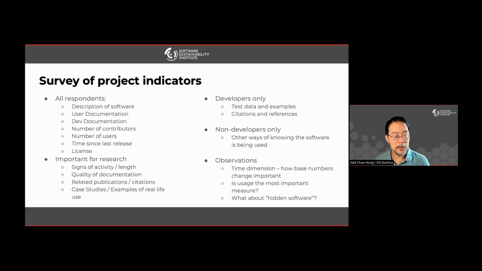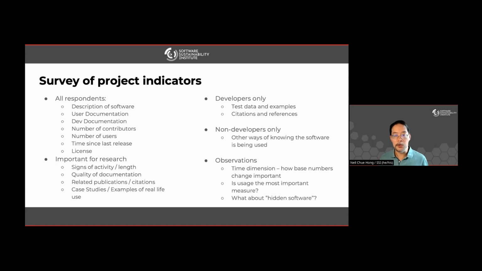These are the sorts of things that come up as potential indicators for why people think software is successful, and by proxy think of as being of higher quality. So this is less quality as understood by the developers of the software, and now research software quality as understood by the users of the software.